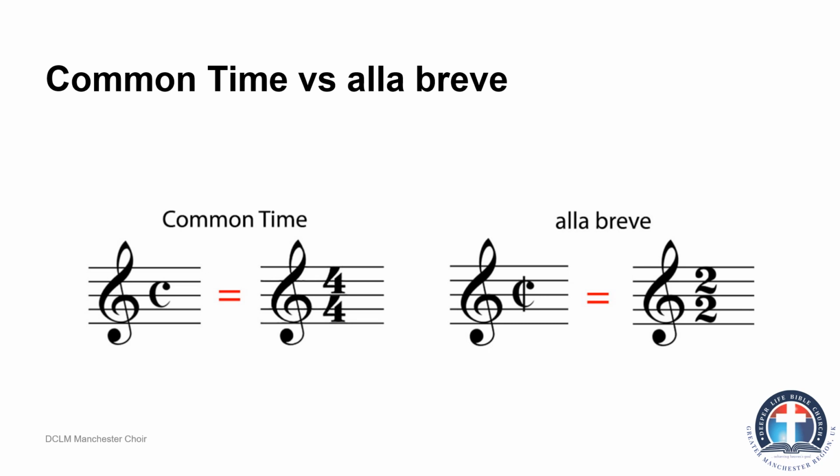C equals 4/4. If you divide the C into 2, for example, put a line across the C, and imagine in your head you are dividing 4/4 into 2. That's not what it means, but just imagine it that way, just to make it easy to remember. It becomes 2/2. So a C with a line across is a la breve. That's what it's called. A la breve is the name. But it means 2 minim beats in a bar.